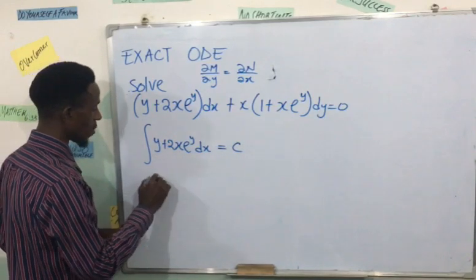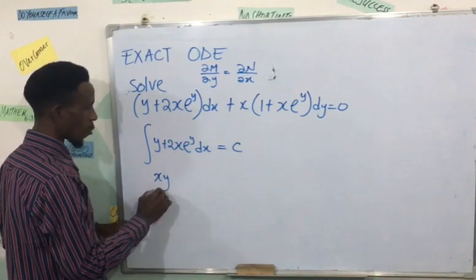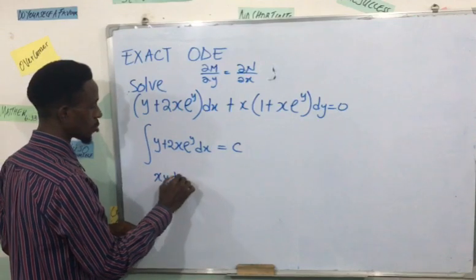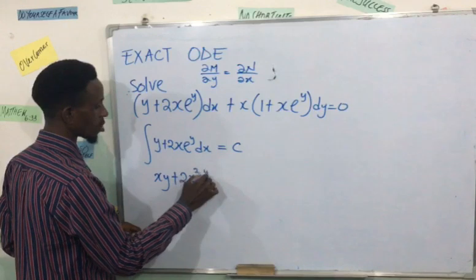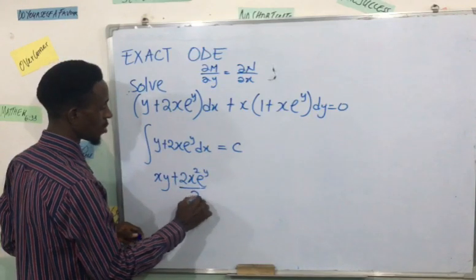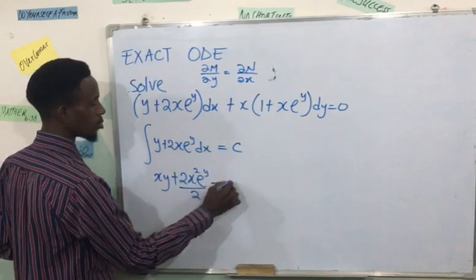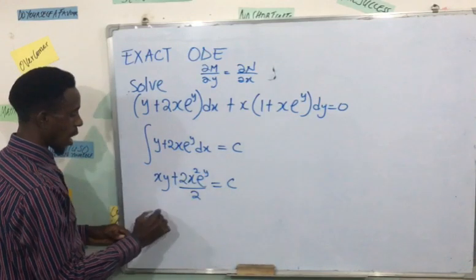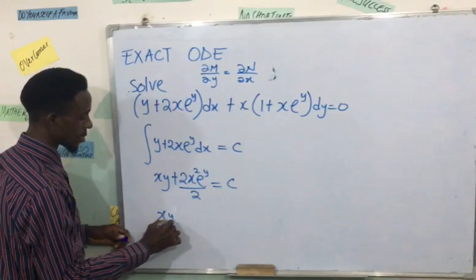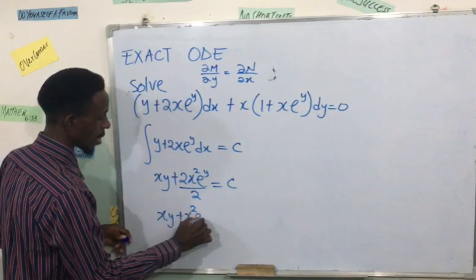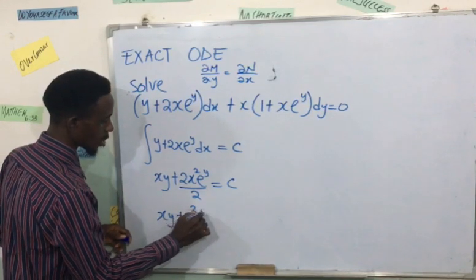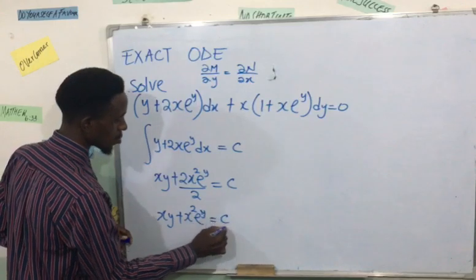Integrating this, I'm going to have xy plus 2x squared exponential y all over 2 equal to c. So I'll finally have xy plus x squared exponential y is equal to c.